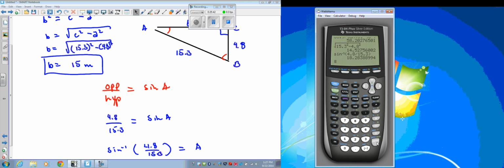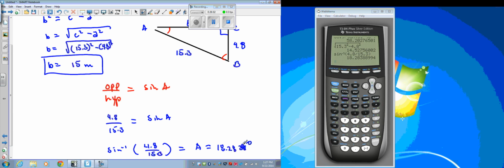Now this is 18.283839 degrees. And what did it say we had to do this in?